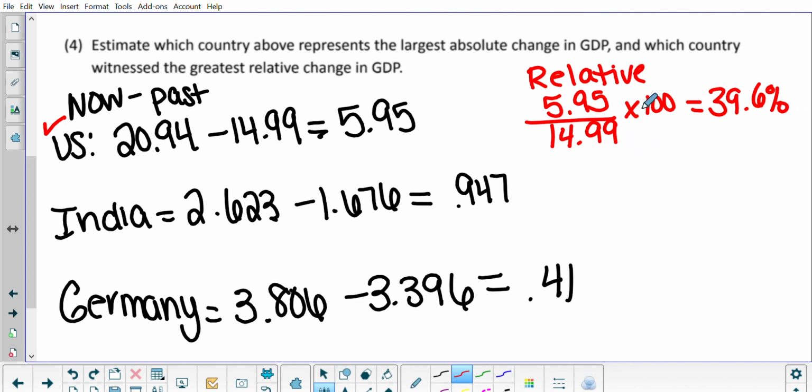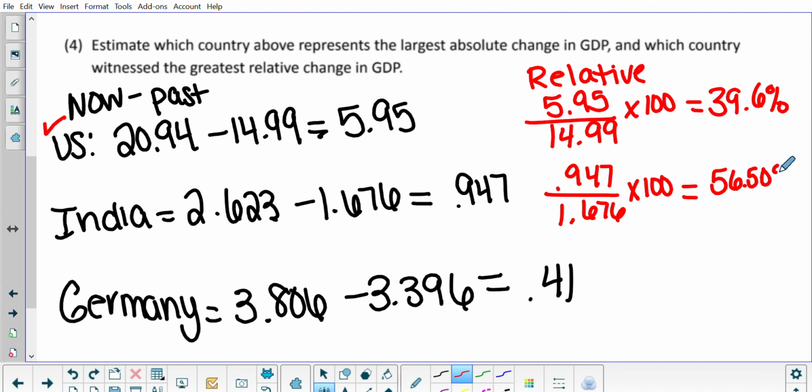For India, it was 0.947 divided by 1.676 times 100, and that's 56.5%. It is tenths.